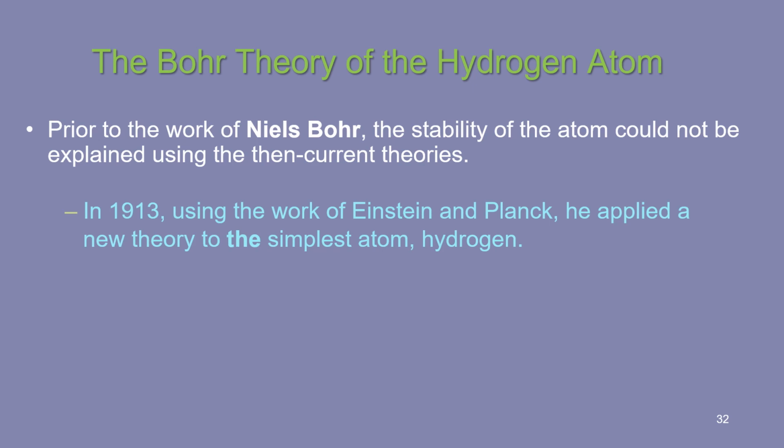So Niels Bohr, like I said, started using the work of Einstein and Planck, used their ideas and applied his new theory to the simplest atom. So he started out just by looking at hydrogen. And of course, hydrogen has one proton and one electron. So it's very simple.